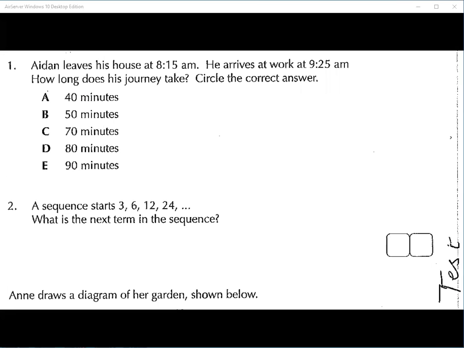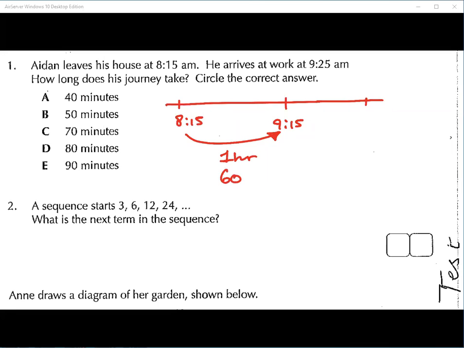So you travel from 8:15 to 9:25. First of all, if you start at 8:15 and you travel to 9:15, how much time is that? That's 1 hour, 60 minutes.